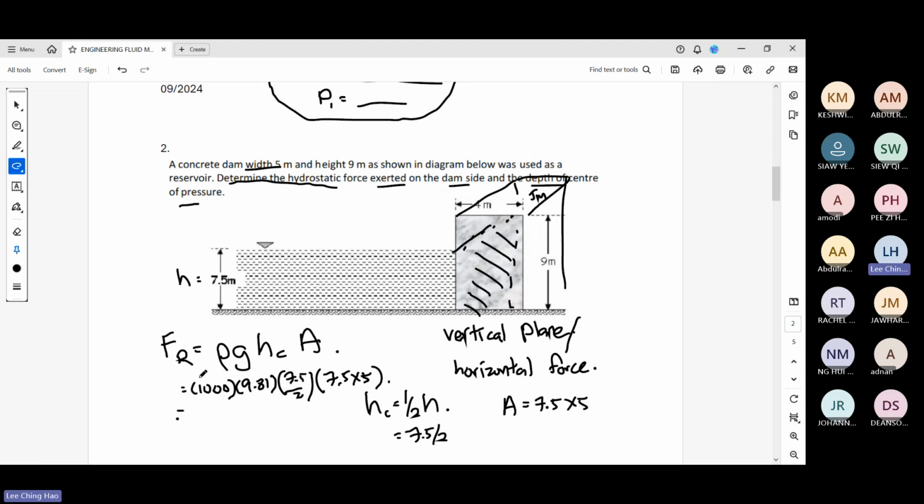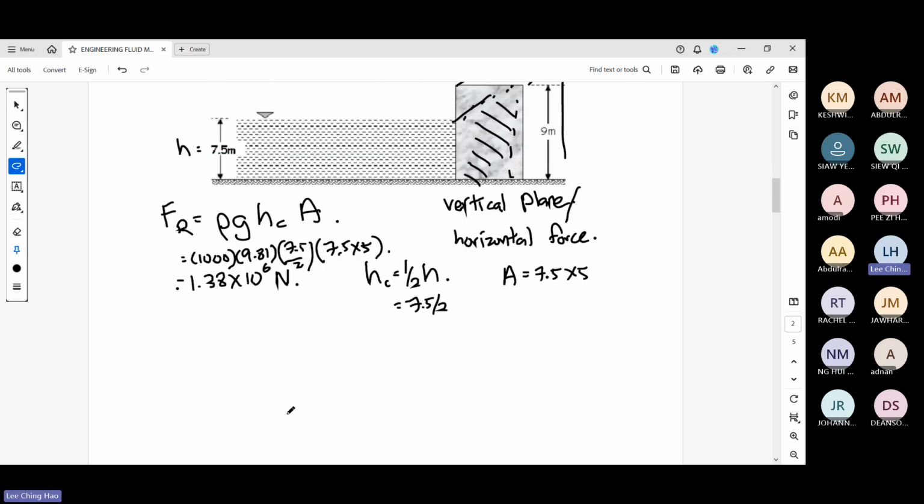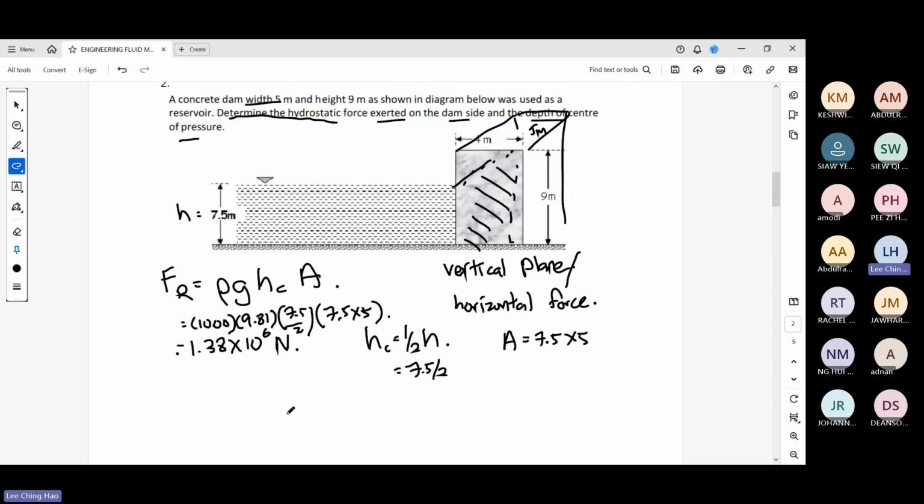So it will be 1.38 mega. You can write it in full or with a prefix, then Newton. All are fine as long as you're referring to the same thing. Newton, because it's hydrostatic force. That's it. This is how you find the hydrostatic force, not the whole question.